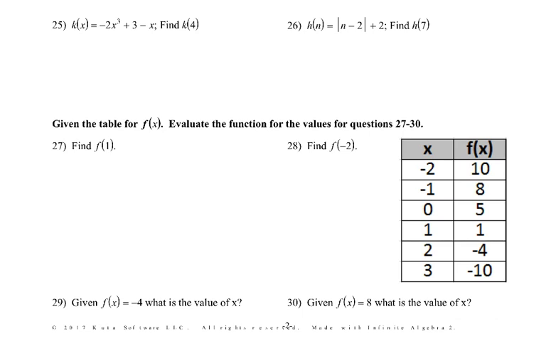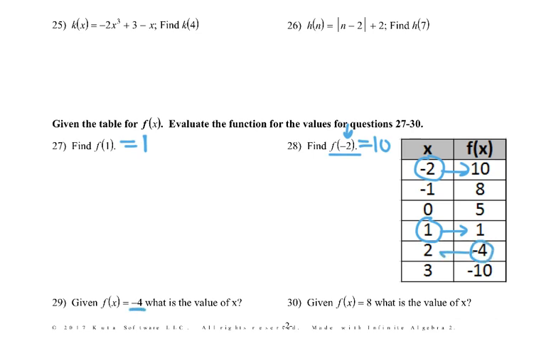So f of 1 would equal, well, f of 1, that's 1, would also equal 1. Okay, 28, f of negative 2, so input of negative 2 gives me an output of 10, so that equals 10. Okay, now 29, what about when I have an output of negative 4?